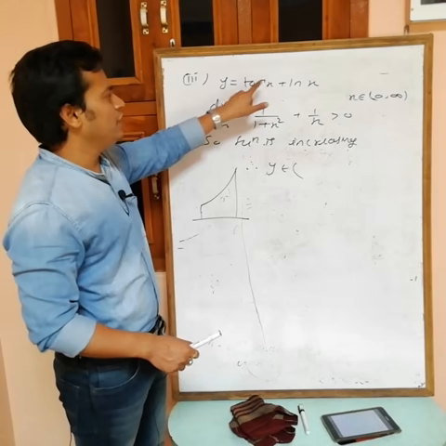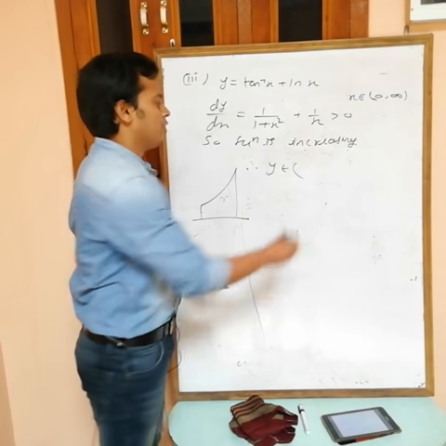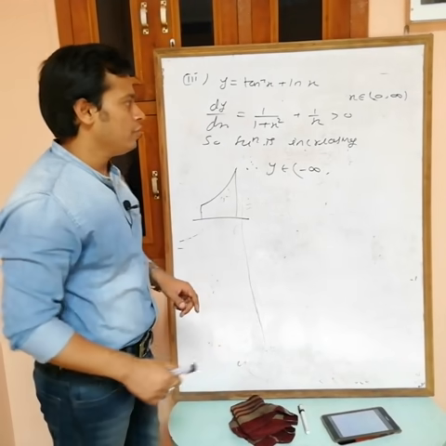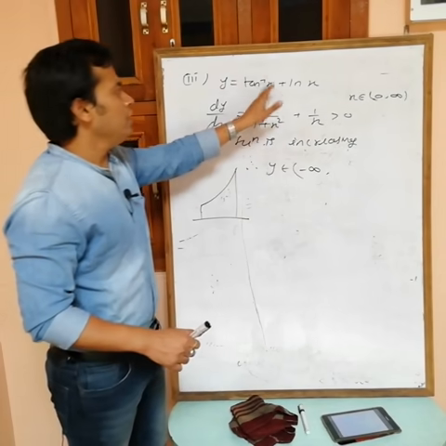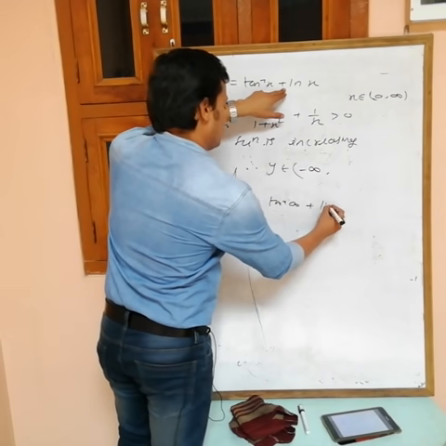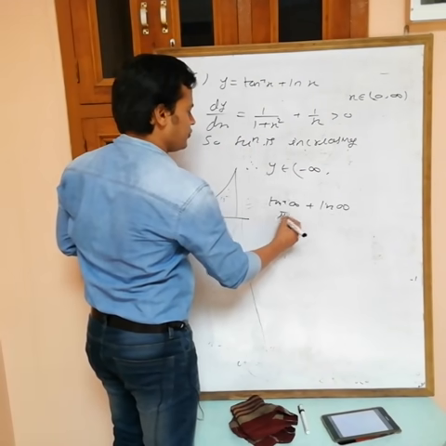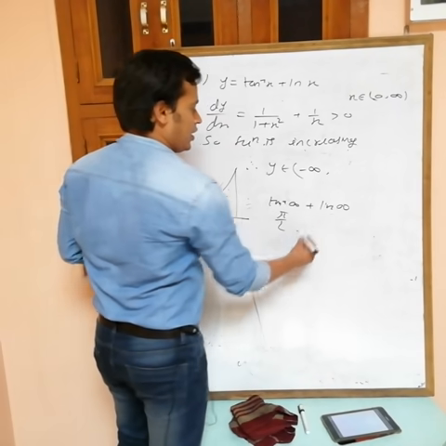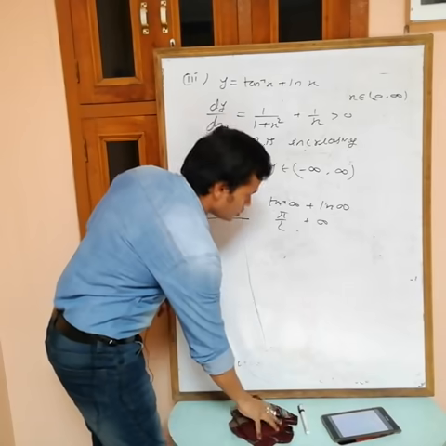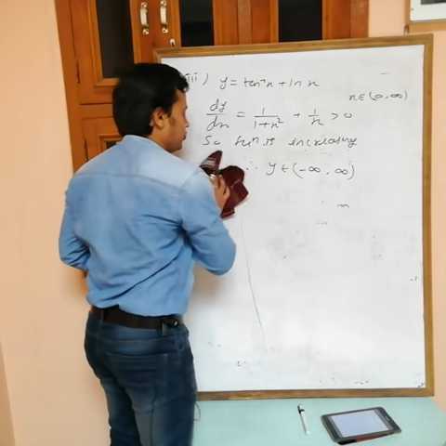If you put 0, tan inverse 0 is 0, ln 0 is minus infinity, open interval. Now put infinity, tan inverse infinity is pi by 2, and ln infinity is infinity. Add them, what are we getting? Infinity.